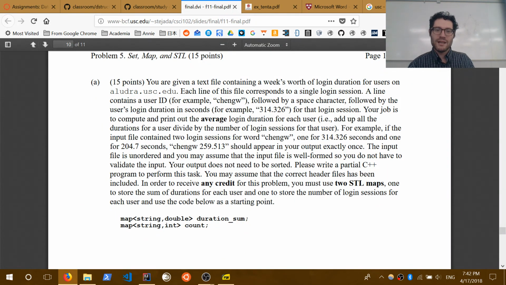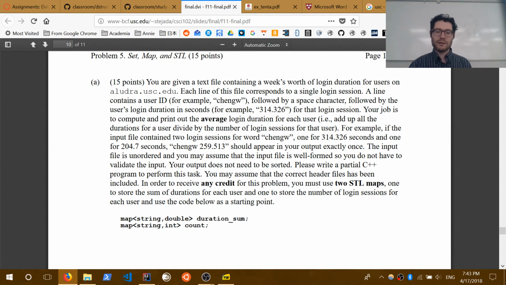Each line of this file corresponds to a single login session. For instance, a line would contain a user ID, for example, Cheng W, followed by a space character, followed by the user's login duration in seconds, 314.326. In other words, Cheng W was logged in for 314.326 seconds for that login session.